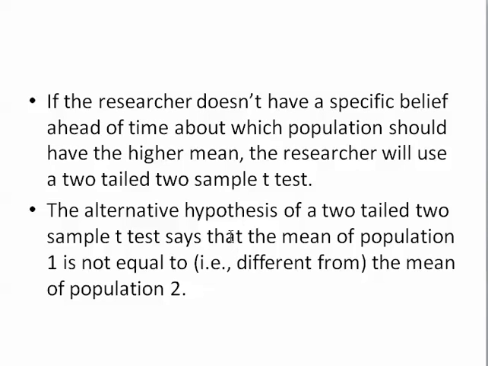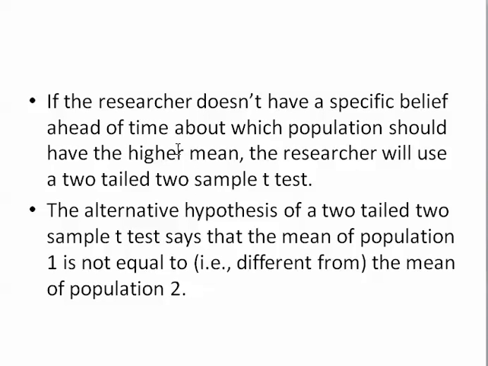In this case, the researcher doesn't have a specific prediction one way or the other, and is simply hoping to show evidence that the populations are different in some way, without an idea ahead of time about which population mean should be higher. That's when you use a two-tailed test.